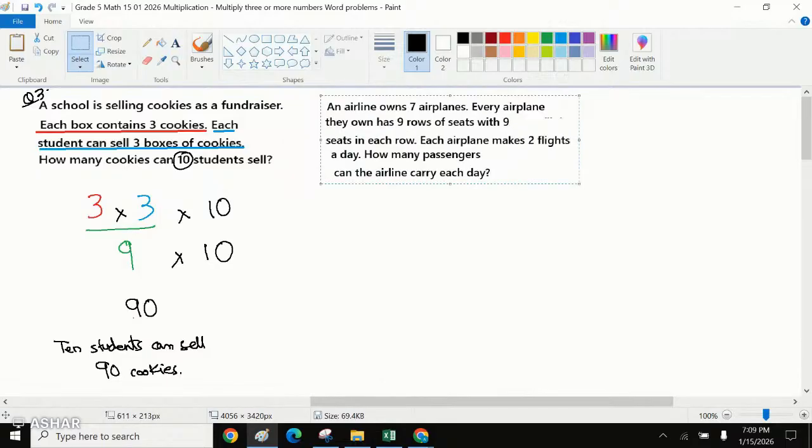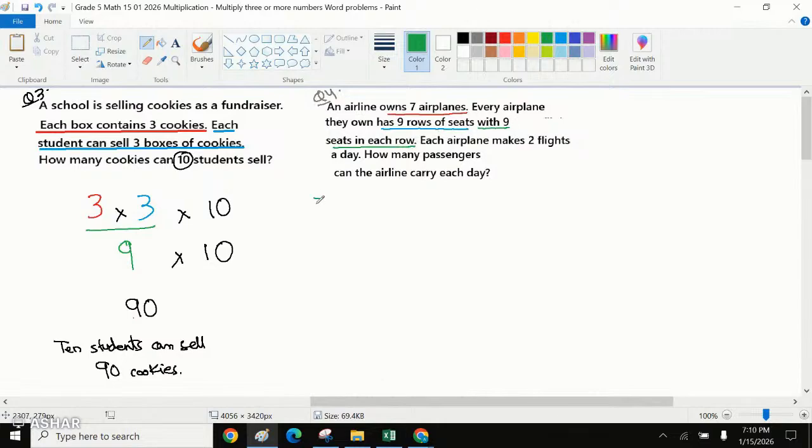Okay, this was given to us in question number 4. An airline owns 7 airplanes, right? Every airplane has 9 rows of seats with 9 seats in each row.